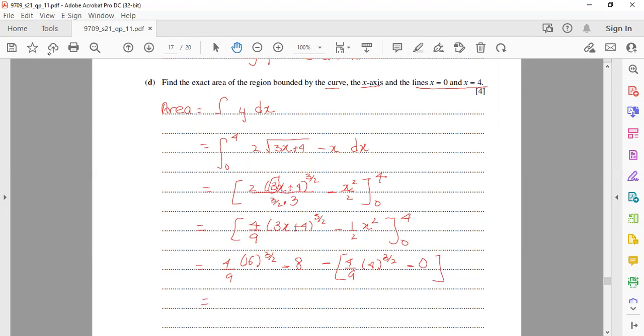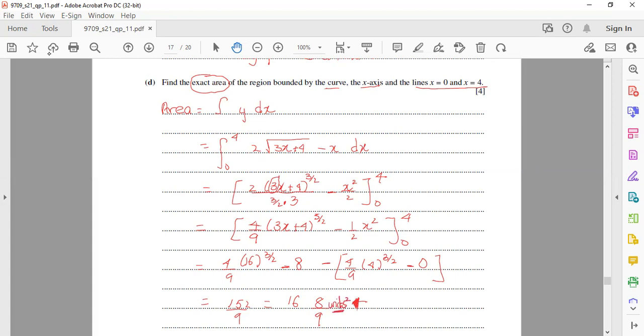So when we type this in the calculator, it gives us 152 over 9, which is 16 and 8 over 9. And this is the exact area, exact value, as you can see, in a mixed number, mixed fraction. Here, centimeters or units squared.